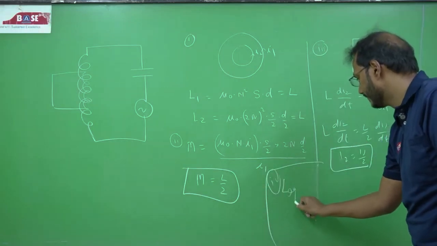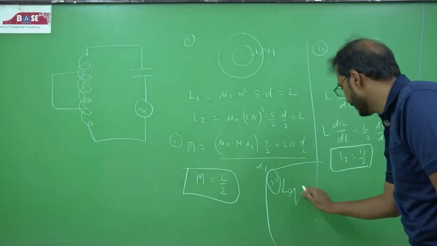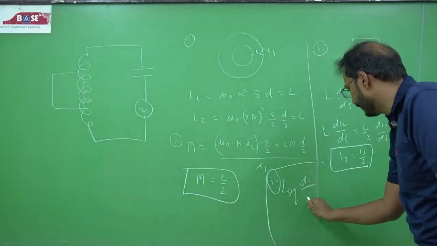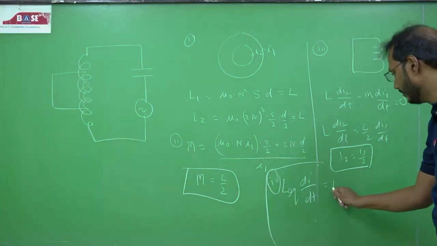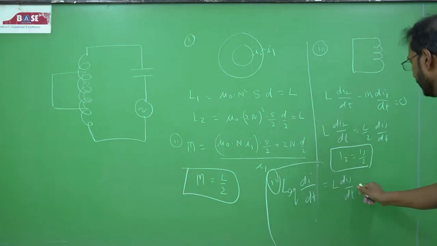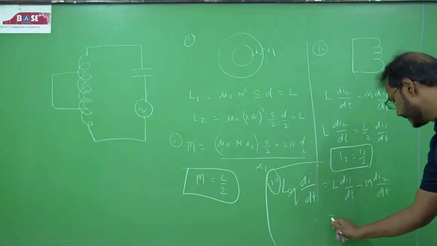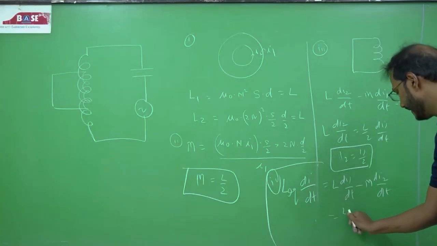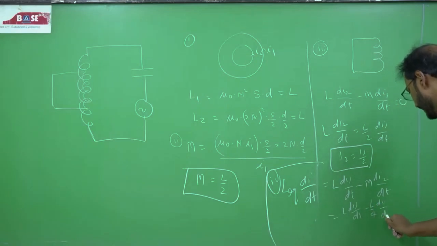Now in the next step we find the equivalent inductance for the first coil like this one. L equivalent di by dt is equal to L di1 by dt minus M di2 by dt. This is equal to L di1 by dt minus L by 4 di1 by dt.